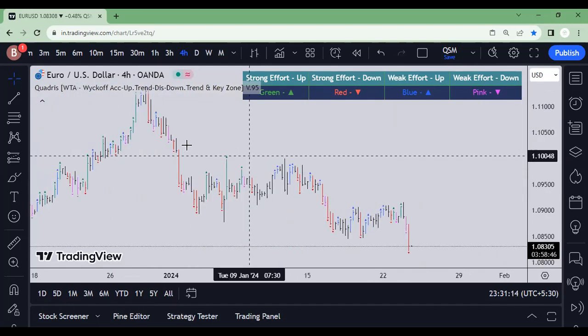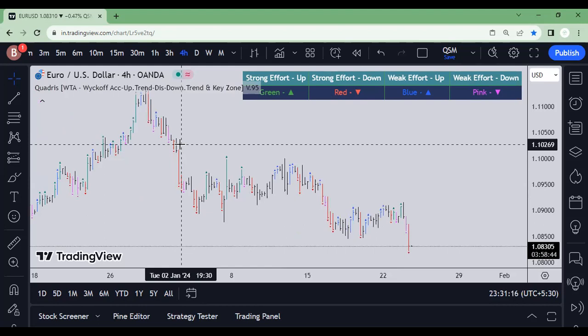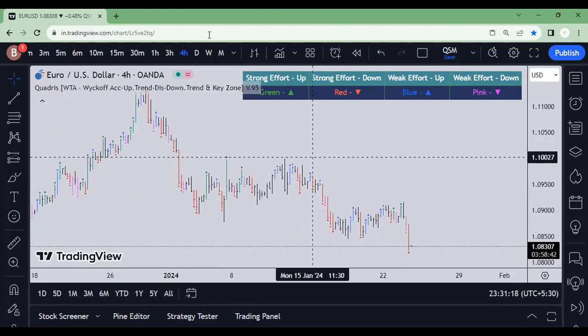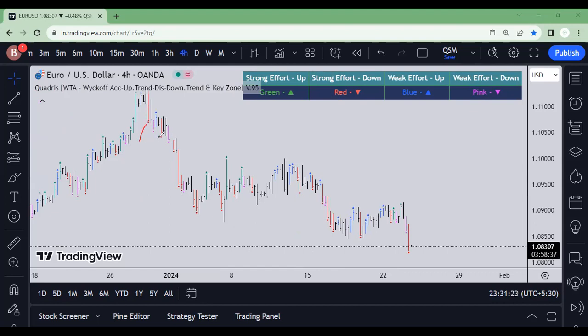So this is how 2024 started, and in 2024 starting, we are seeing these red bars with red triangles. Red bars with red triangles mean strong effort.